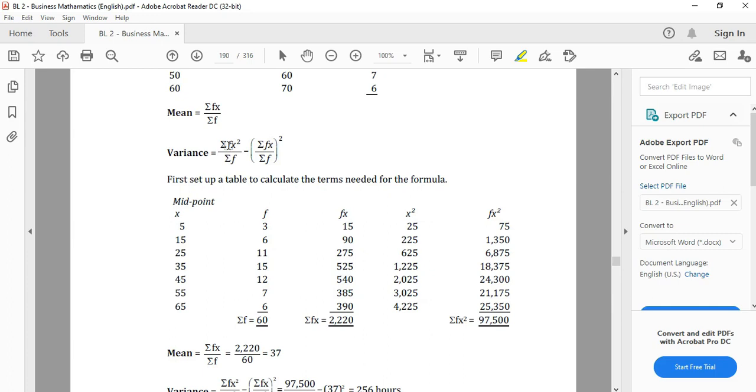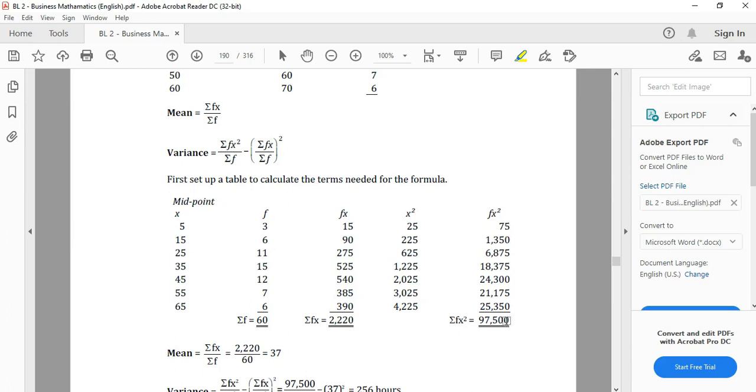So they have taken sigma fx squared divided by sigma f, where x squared means the square of the midpoints you have to take. Then fx squared means the square of the midpoints multiplied by the frequency, and then you get your total. So it is f multiplied by x squared, which is fx squared.